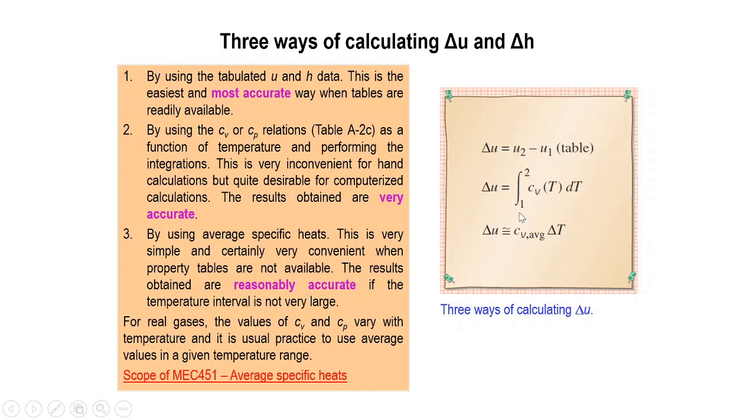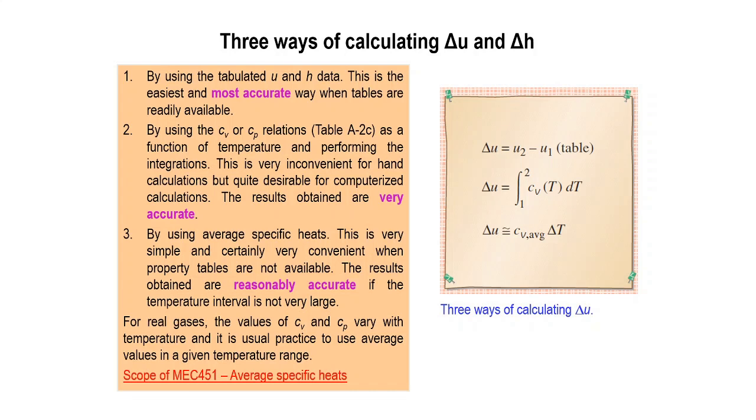Third, by using average specific heat. This is very simple and certainly very convenient when property tables are not available. The results obtained are reasonably accurate if the temperature interval is not very large.